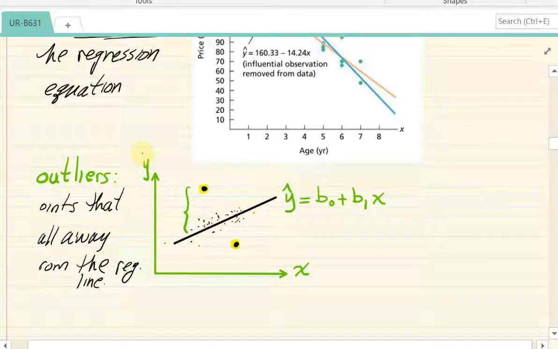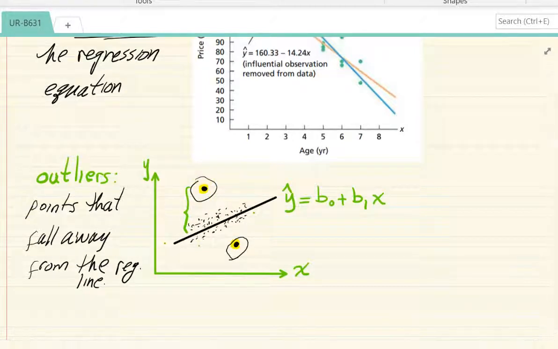So what are outliers? Outliers are points that fall away from the regression line. If you note in here, let me just add some more points. So I've got a whole bunch of points here, and I fit a line through these data points hypothetically. Now I've got a couple of points that are, you see that outliers fall in a vertical direction.